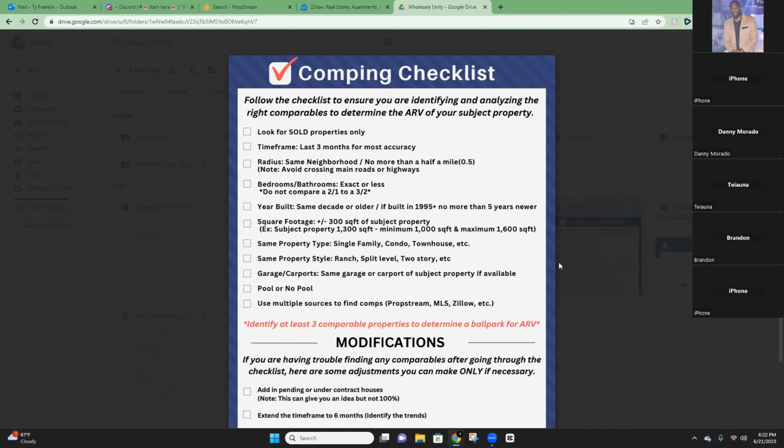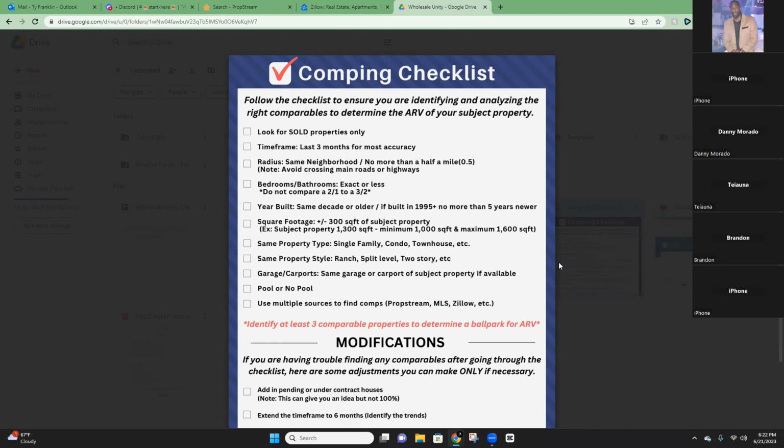So it really depends on your market, because I understand some markets, especially up north, those houses are historically older. They're built in 1920, 1911, things like that. So you have to understand your market and figure out where you need to be on that spectrum. But for the best accuracy, I personally like to look within that same decade.